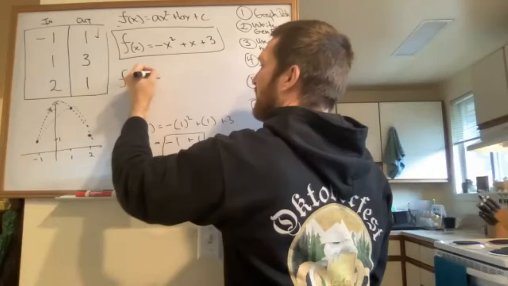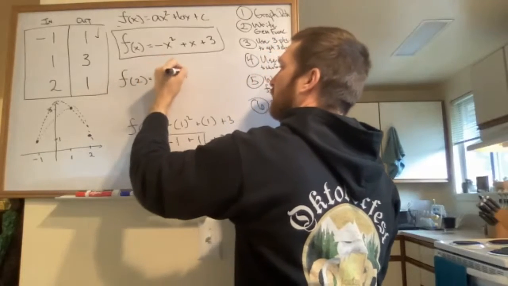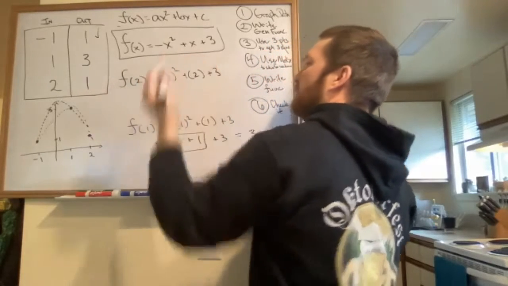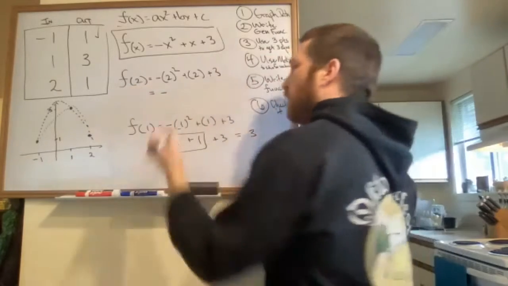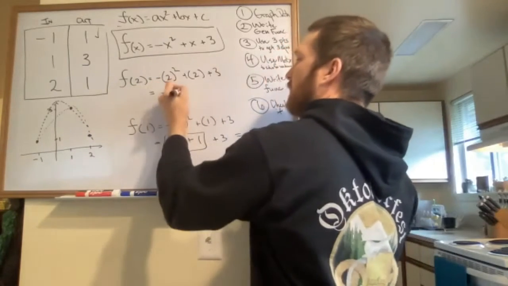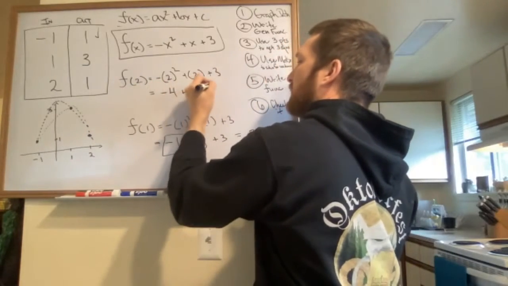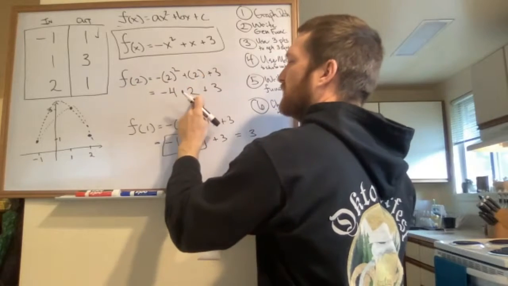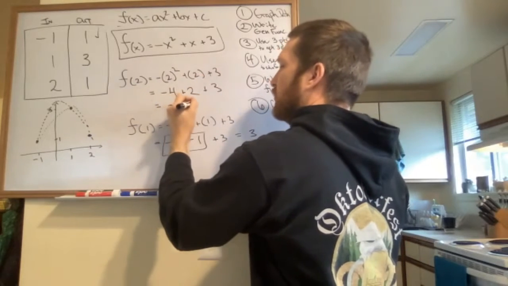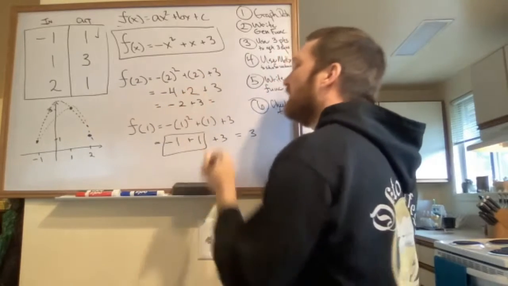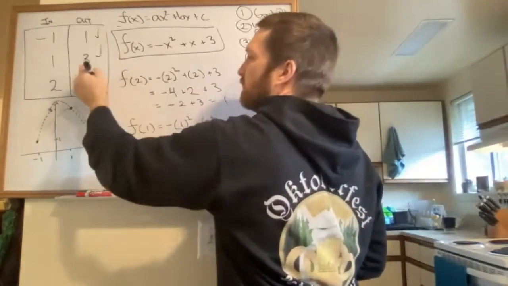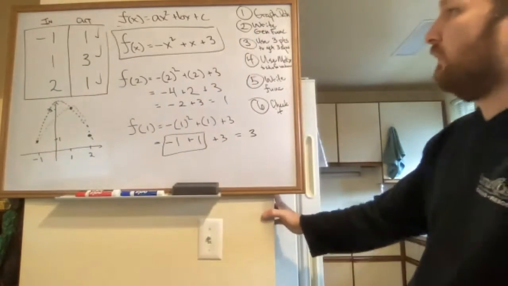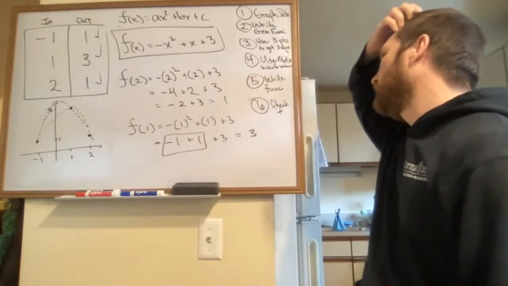So let's see, negative (2) squared plus 2 plus 3. 2 squared is 4, so -4 plus 2 is -2 plus 3 gives me a +1. And so all of these points check. We are good to go.